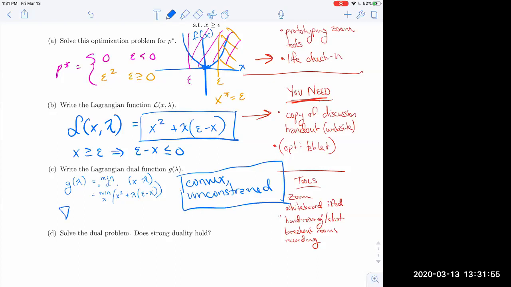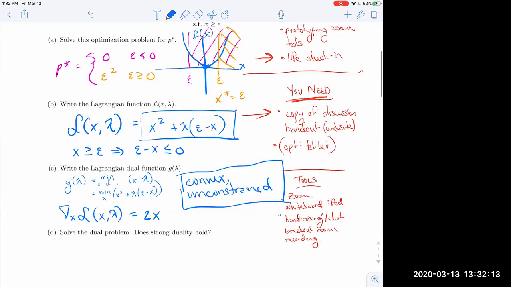So if we take the gradient of L of x lambda, which is equal to, let me make sure I get this right, 2x minus lambda, right?